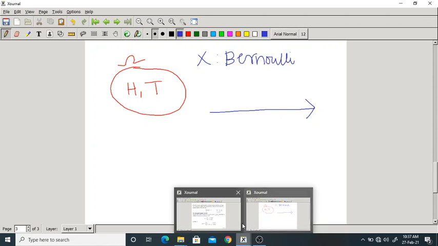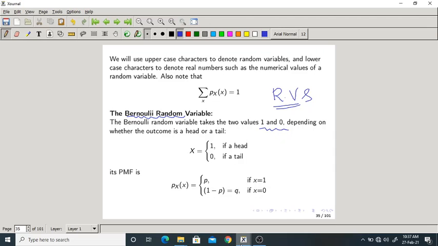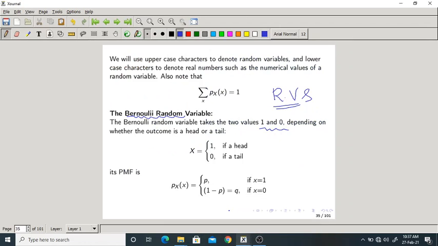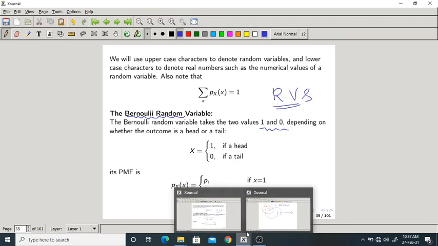So here what we do? We assign 1 for head, let us take. For tail we assign 0. So that is how we use the Bernoulli random variable.